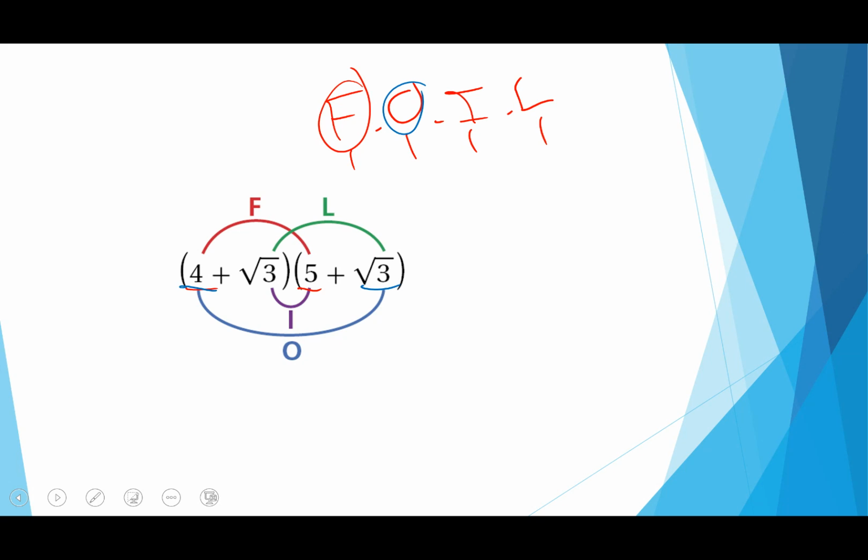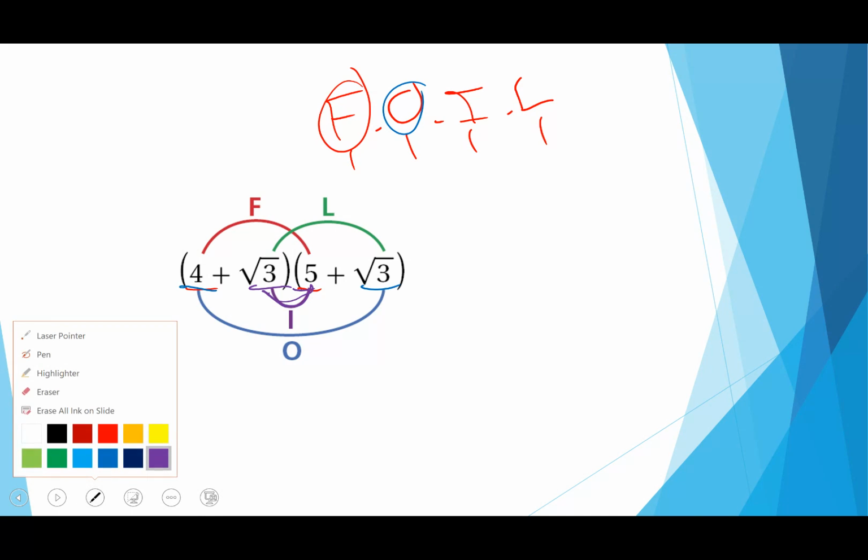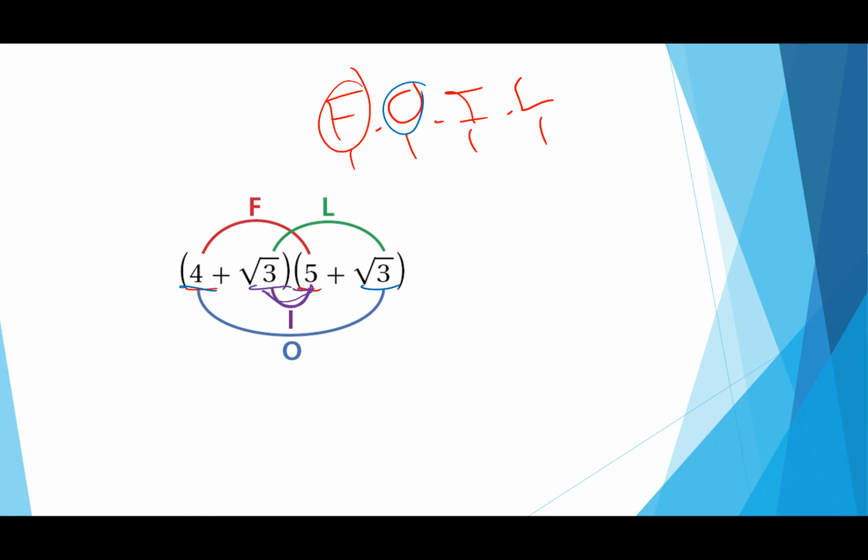When you do I, you're doing the two innermost terms together. And when you're doing L, you're doing the last terms together. So last term here, last term here. So it's just distributing, but kind of distributing a little bit more intensified. But I think we've seen this in the past before.